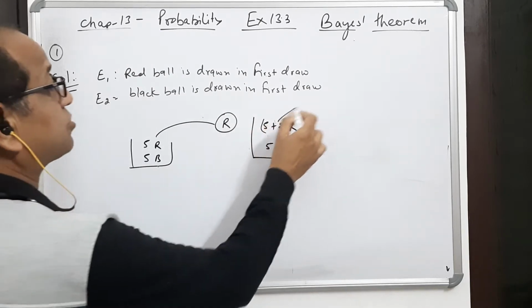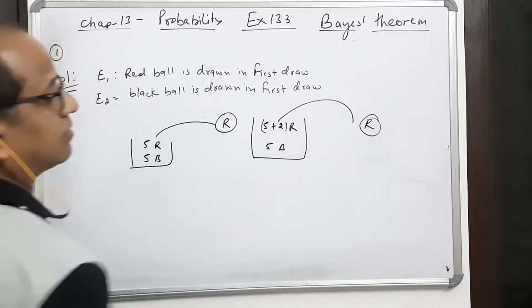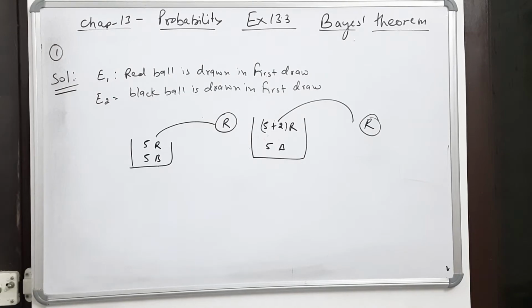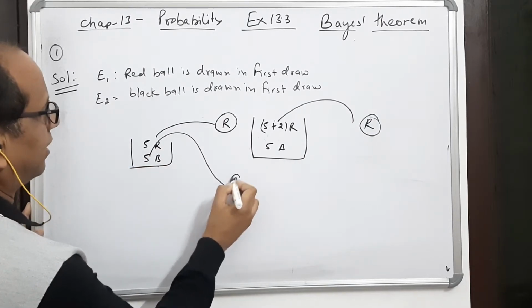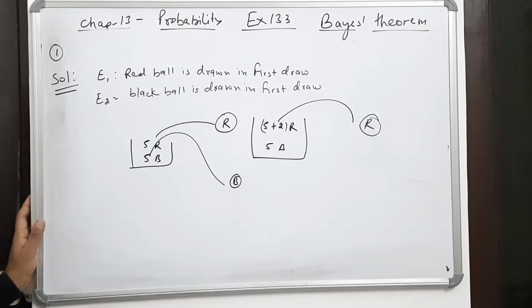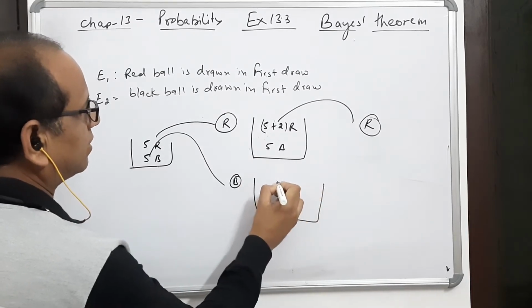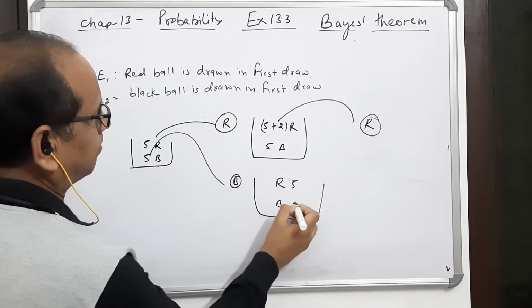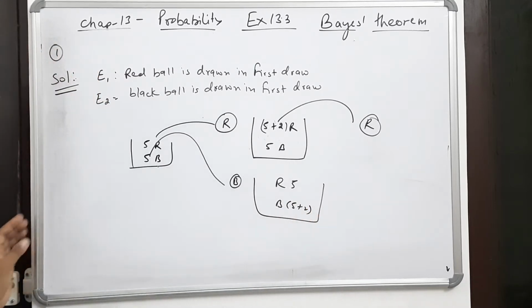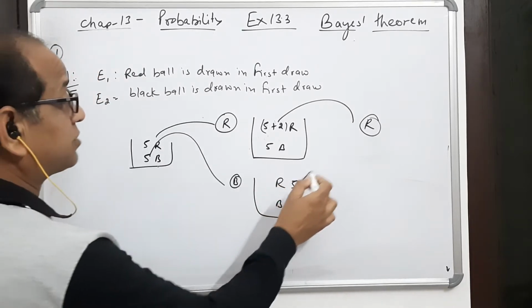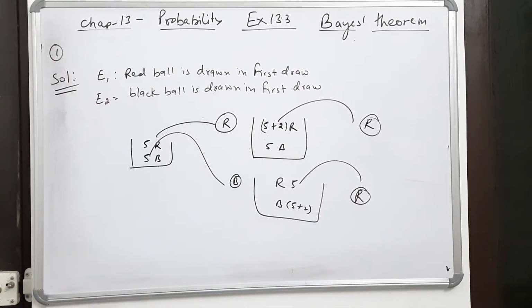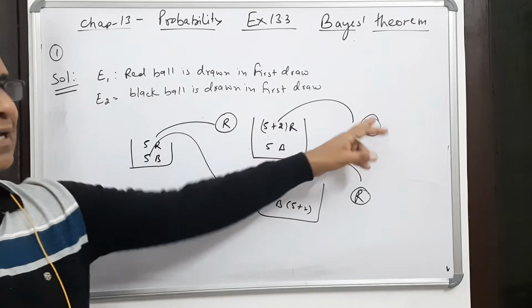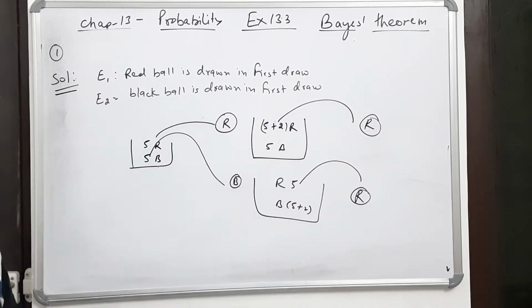Then a ball is drawn and this ball is red. So the first case is that the first ball is red and the second ball is red. In the second case, suppose the first ball drawn is black. Then the red balls will be 5 and the black balls will be 5 plus 2. And then a ball is drawn and this ball must be red, because it is given in the question that the second ball is red.